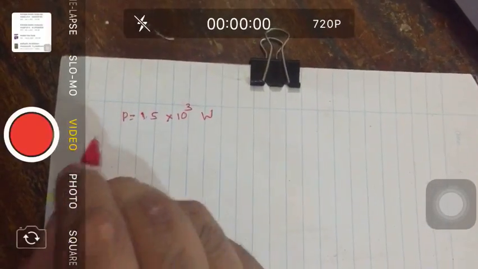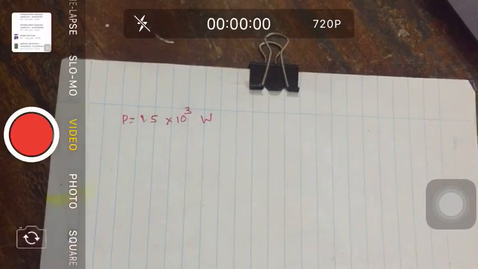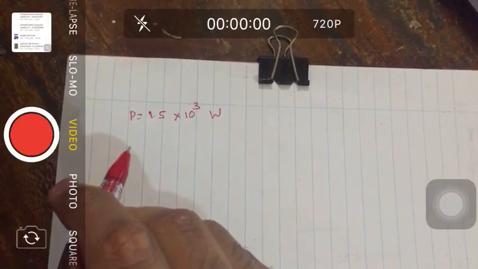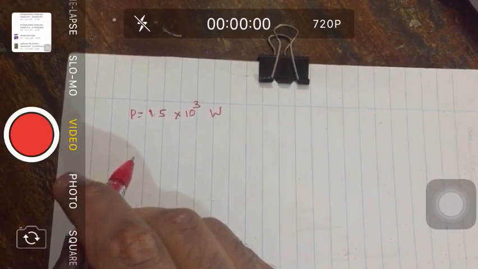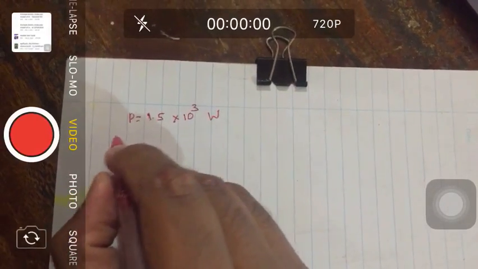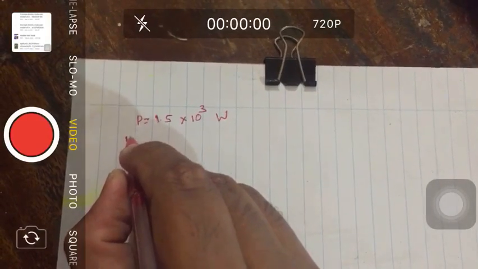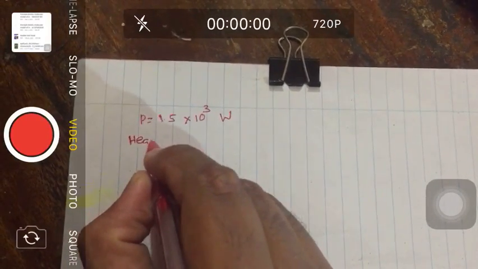Then the heat capacity of air is given. Okay, so this is a tricky part. I will explain to you why it's tricky, but right now you just keep it so.